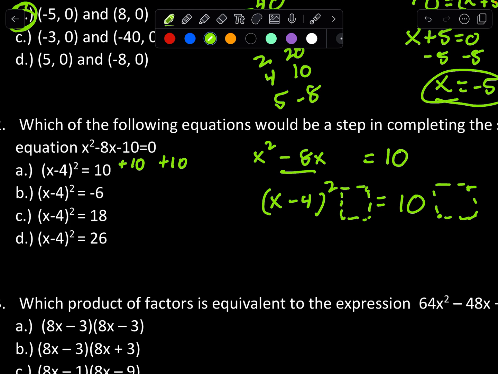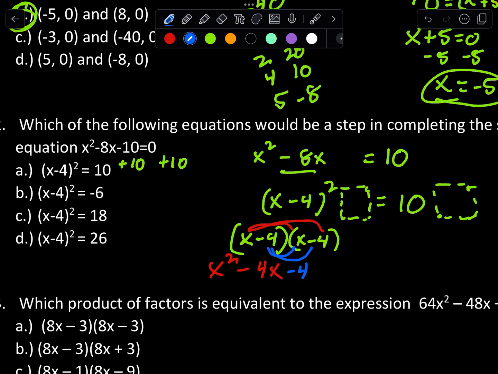x minus 4 squared is x minus 4 times x minus 4. I've got to distribute my x first, so that's x squared minus 4x. Then I distribute my negative 4, so that's negative 4 times x, another negative 4x.